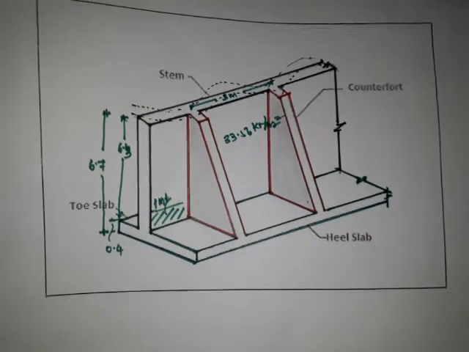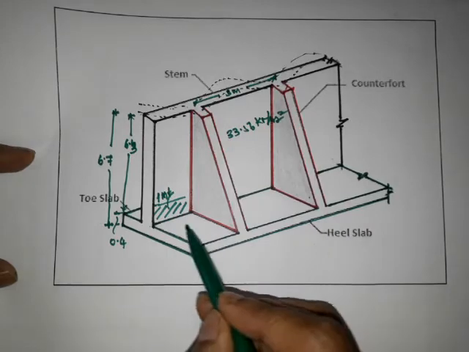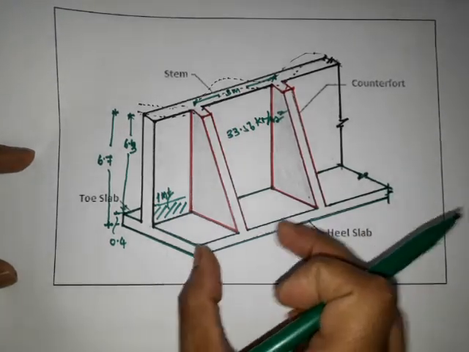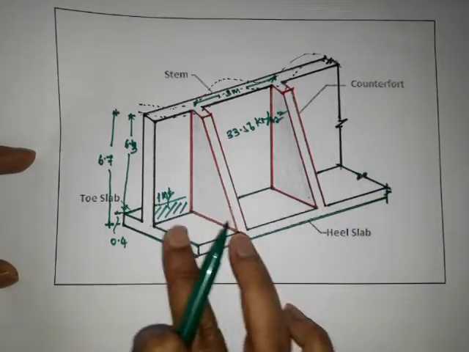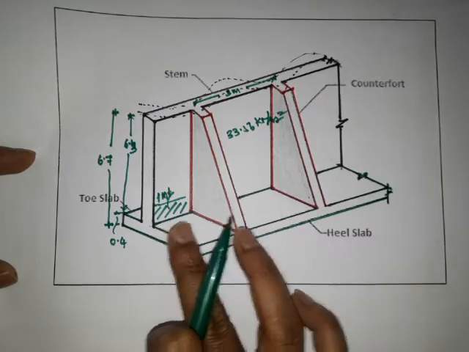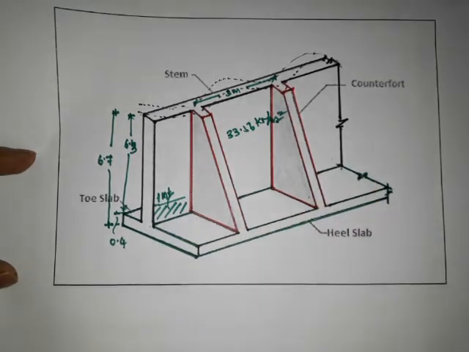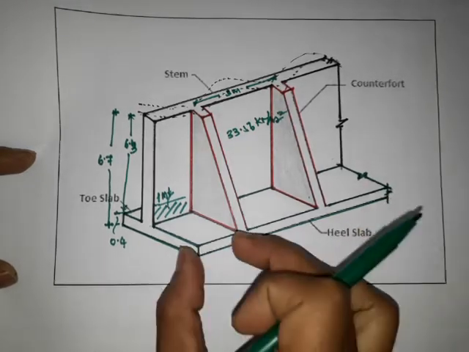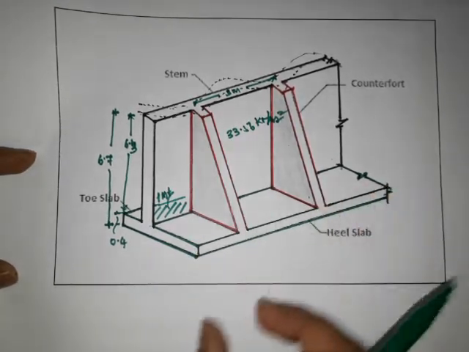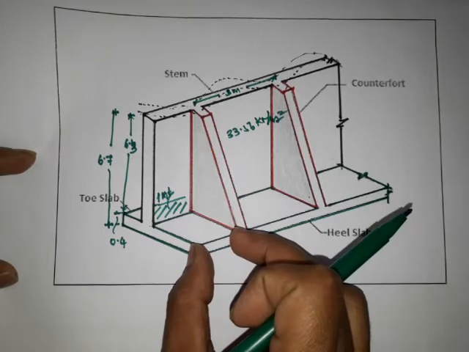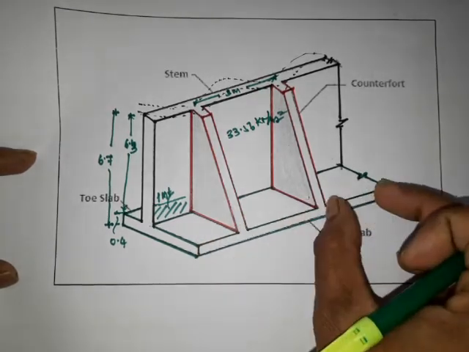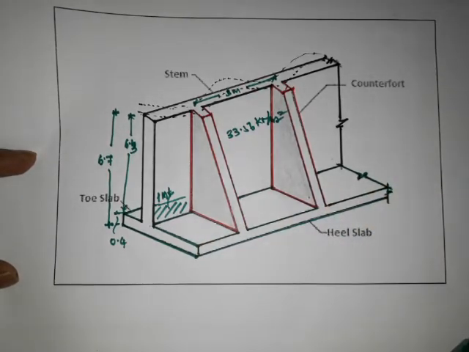I'll explain here. Now this part we need to design, which is the heel slab, and that we have to design as a continuous slab spanning horizontally.